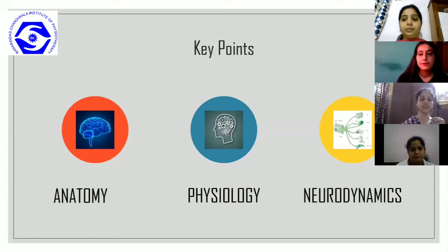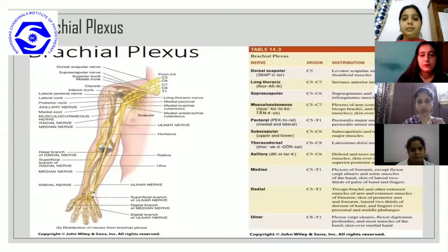Obviously, indirectly, the central nervous system is involved, but basically it's the peripheral nervous system. So I start with the basic anatomy, which I'll be rushing through. Brachial plexus. Firstly, there are 4 types of plexus, as we all know: the cervical plexus, brachial plexus, lumbar plexus, and sacral plexus.